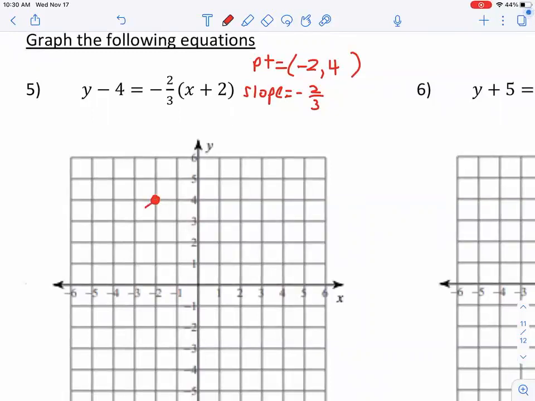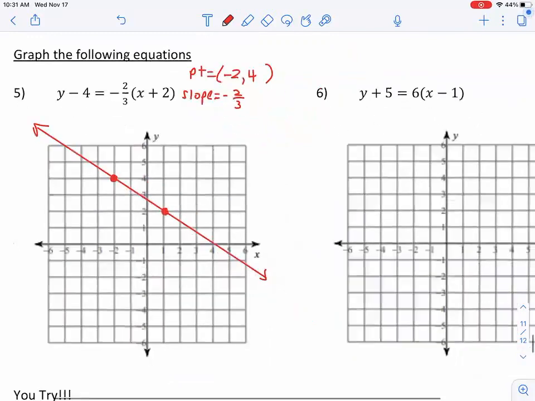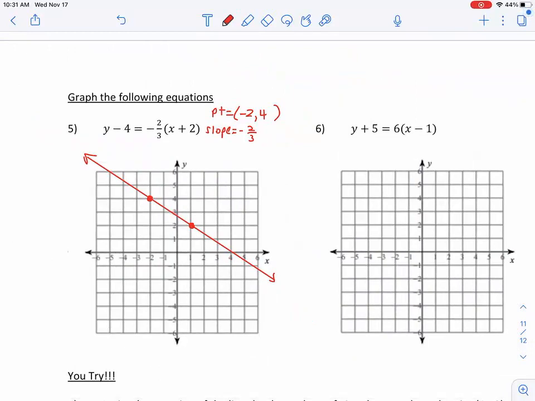I go down 2 and over 1, 2, 3, and put my next point there. Connect the dots, and there's our line. So we want to get the point and then the slope from the equation, and then you graph the point and you do the slope and you're done.